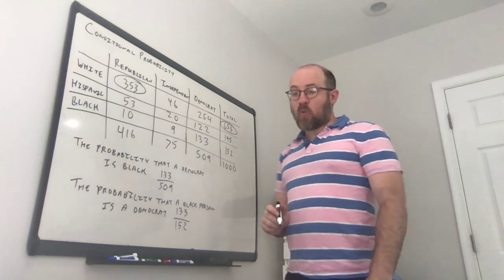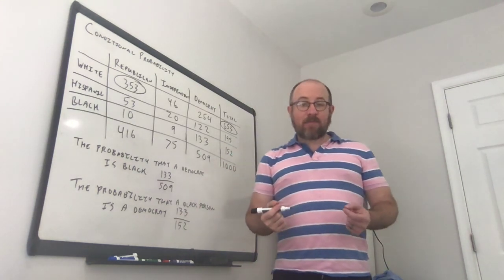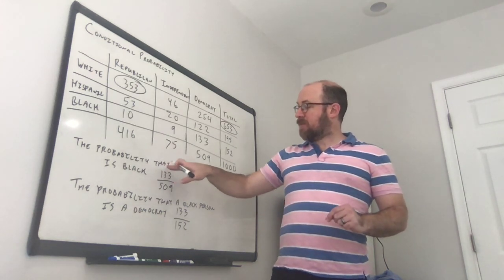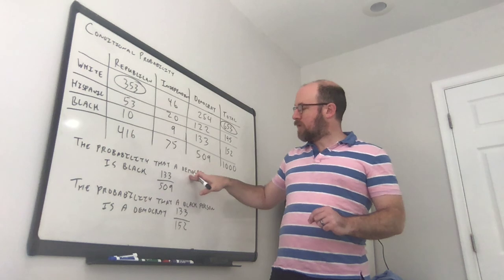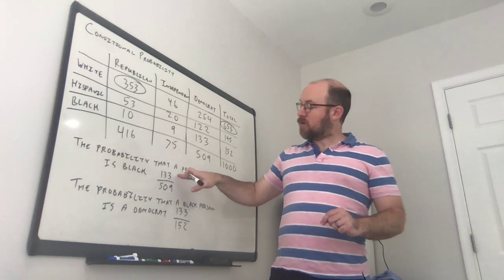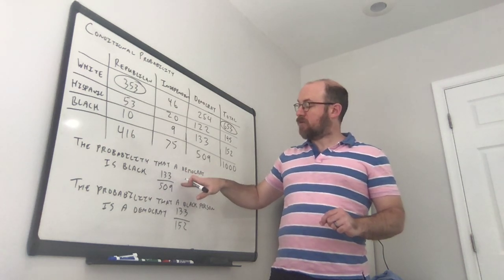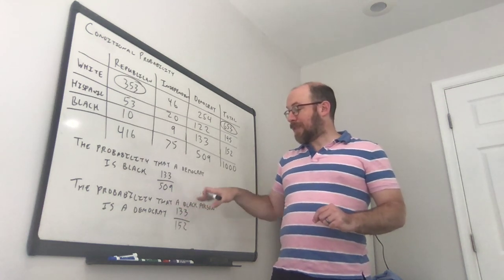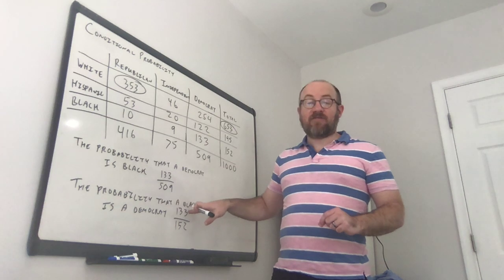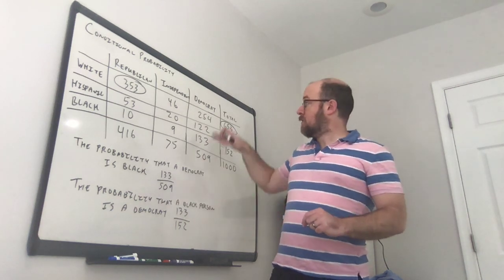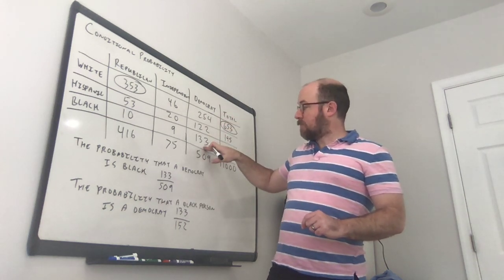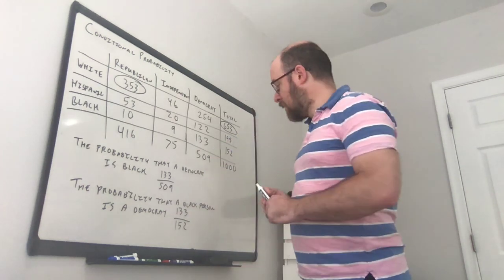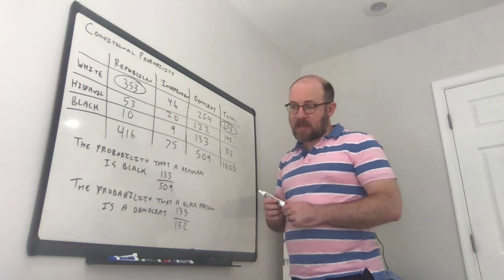So what we divide by depends on what we already know. The probability that a Democrat is black is 133 out of the total number of Democrats. The probability that a black person is a Democrat is 133 out of 152, the number of black Democrats divided by the total number of black people. So that's conditional probability.